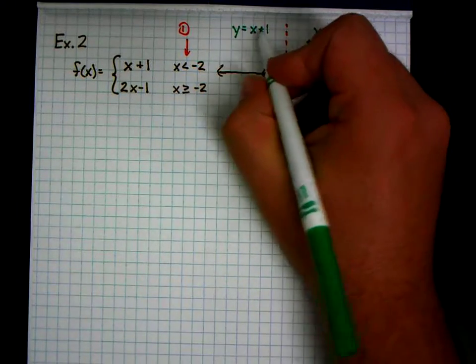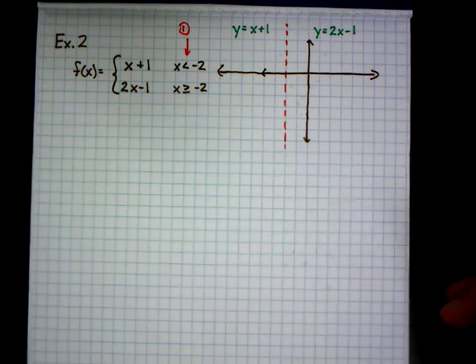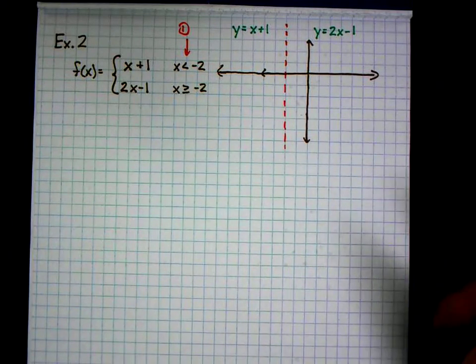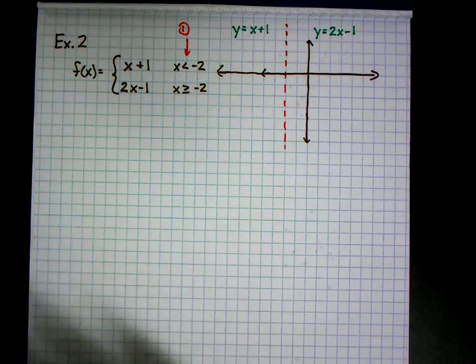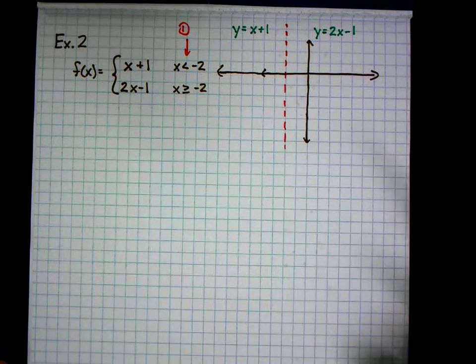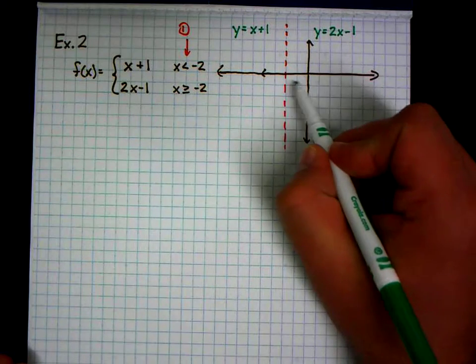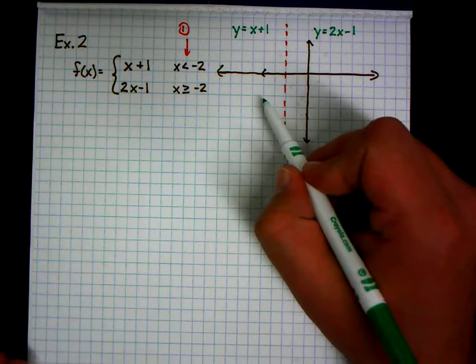Okay, so on this side, I need to graph this. Now, we're used to starting at my y-intercept and using my slope. The problem is, my y-intercept is not on this side of that dotted line. So there are two ways you could do this. One way, if you're very careful, you can use your y-intercept and your slope and work backwards until you get onto this side of the dotted line.